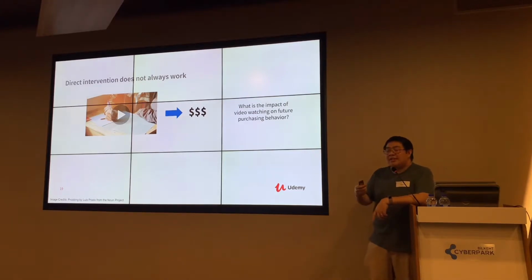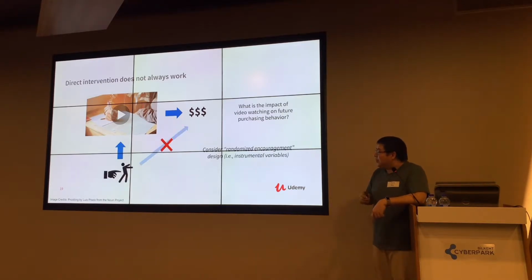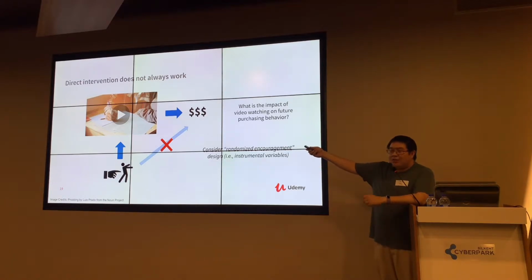So the question is, how do you actually do an experiment where the thing that you're wanting to measure, right, is an intervention that actually can't be forced on the user? So this is, again, a case where some clever experimental design might be able to help. So one thing you could consider doing is a type of study known as a randomized encouragement study, where instead of actually forcing a user to watch a lecture video, you apply a nudge on that user.